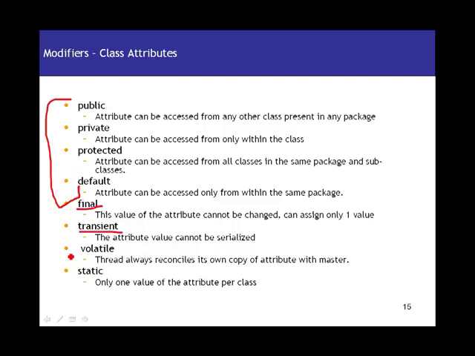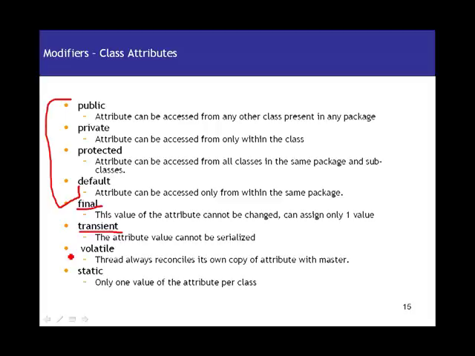I'll say the employee name is X, the employee salary is Y, and the employee department is Z. When I say I'm going to serialize this object, I will save the values of these variables, employee name, department, and salary, and then I'll be able to retrieve them back at a later point of time. So when I later deserialize, I'll deserialize this object.